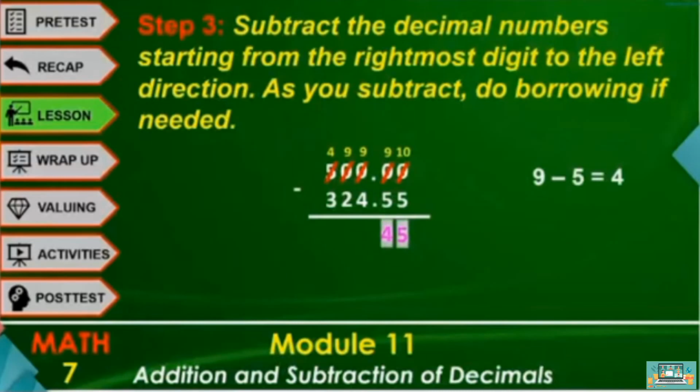So bring down 4. 9 minus 4 is equal to 5. So bring down 5. 9 minus 2 is equal to 7. Bring down 7. And lastly, 4 minus 3 is equal to 1. So bring down 1.